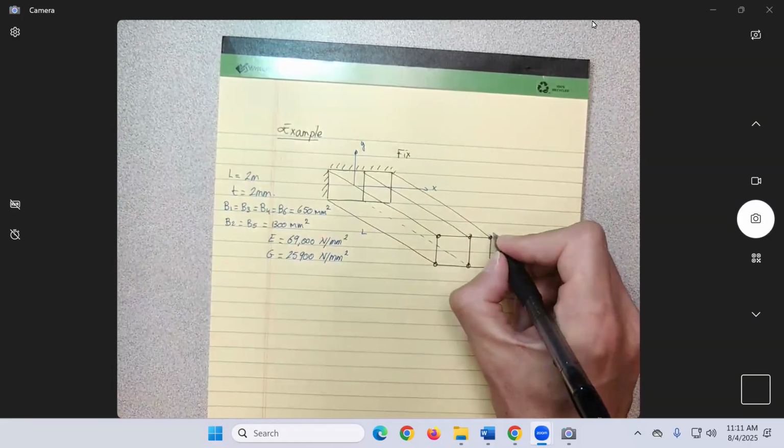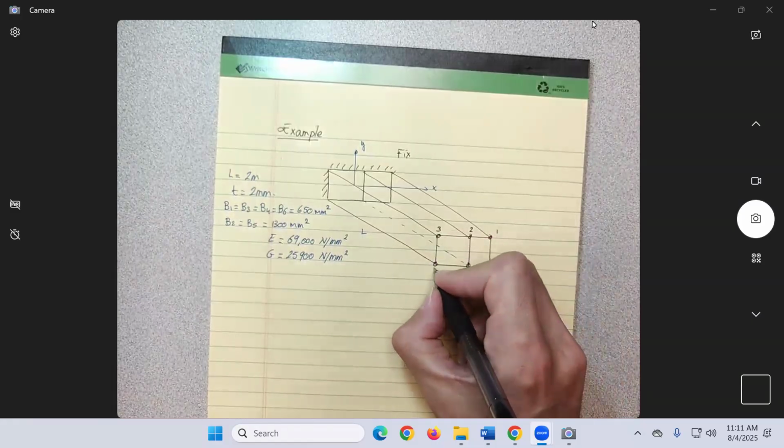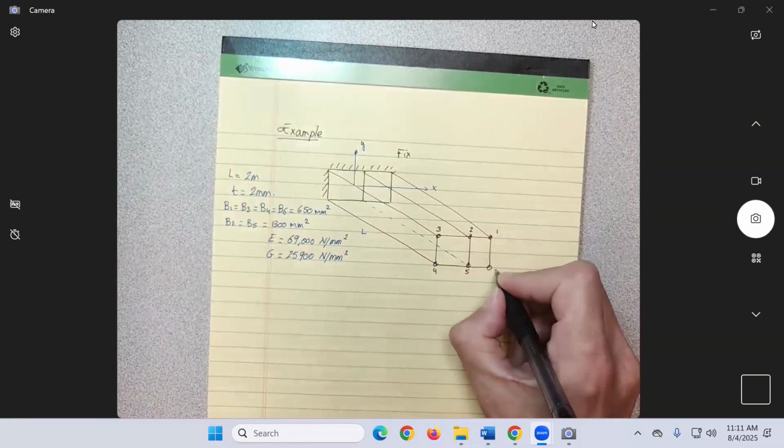Okay, and let's see what we have over here. We have the loads 1, 2, 3, 4, 5, 6.